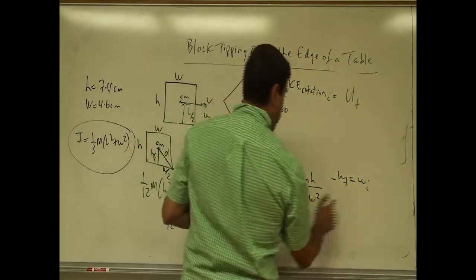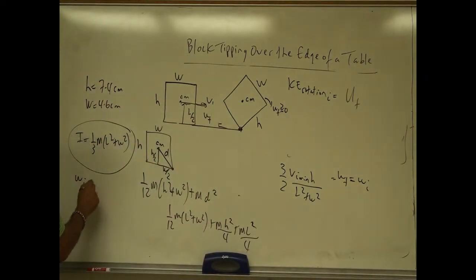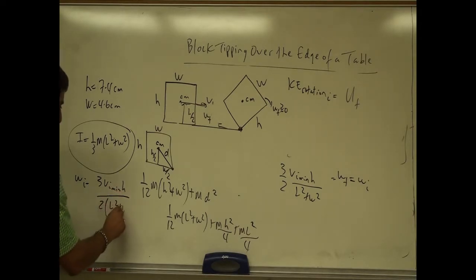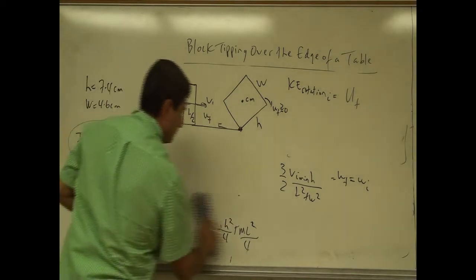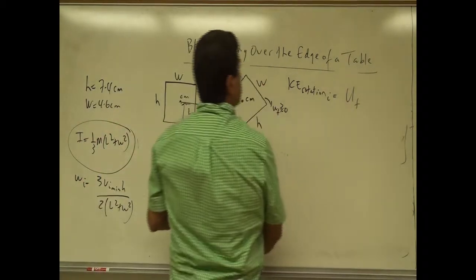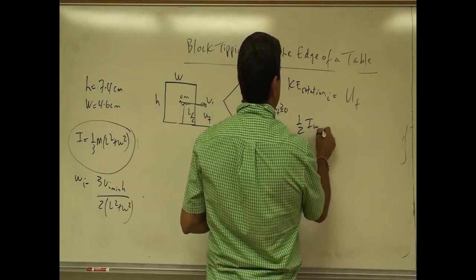So let's write the omega initial here. Omega initial is equal to 3 V initial times H over 2 times L squared plus W squared, okay? So then let's erase this. Okay, so then the initial kinetic energy of rotation is 1/2 I omega initial squared.